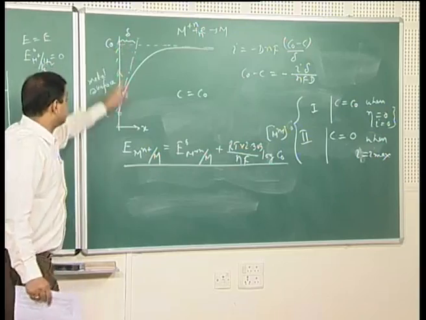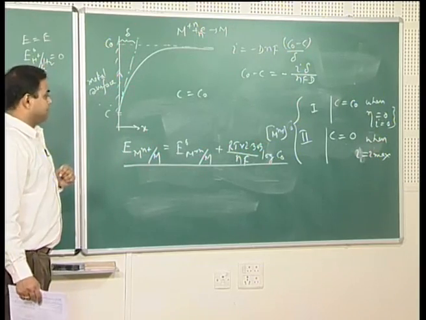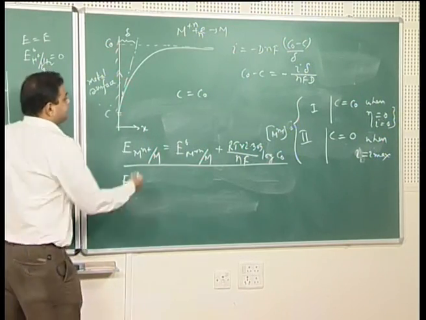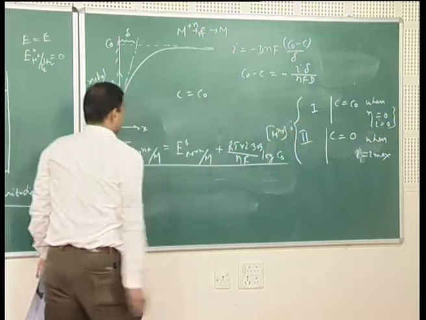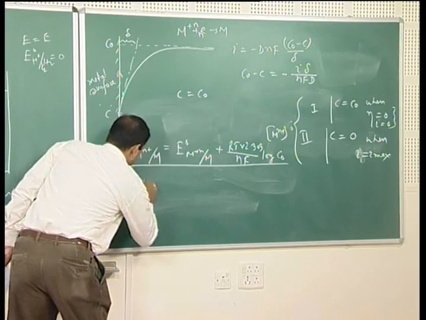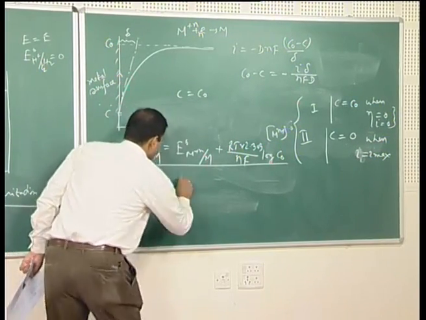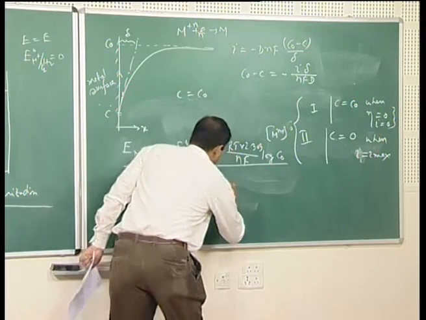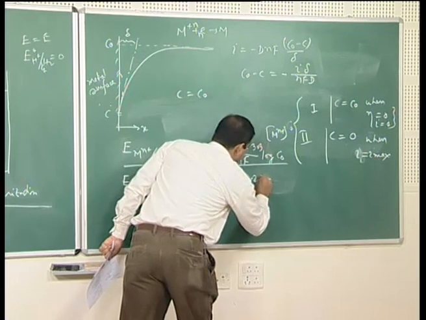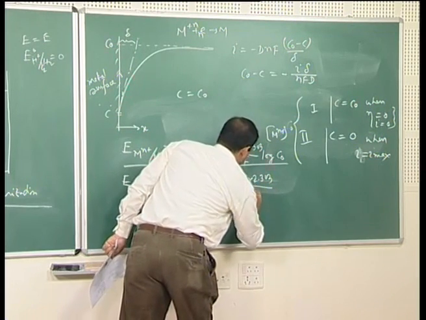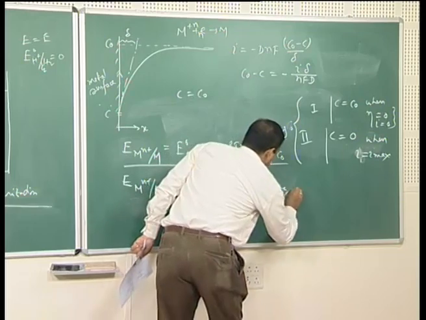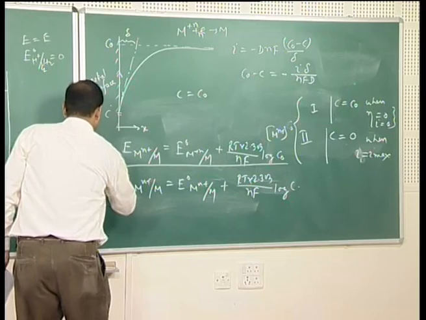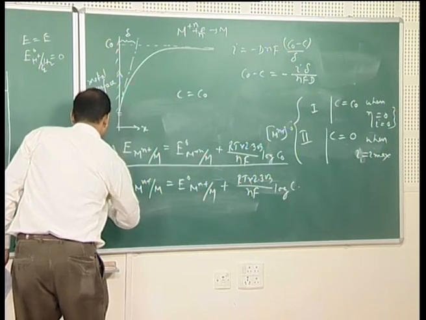That time the concentration at the interface also would be C0. Now, if I find out what my potential would be if my concentration changes from C0 to C, E of M^n+/M would be equal to E0 of M^n+/M plus RT into 2.303 by nF log C. So, this is case 1, this is case 2.